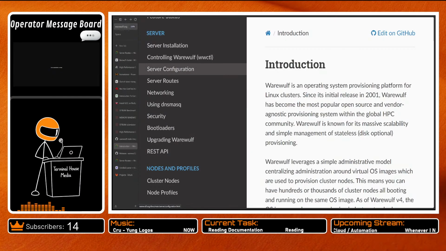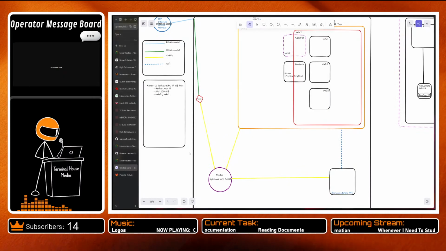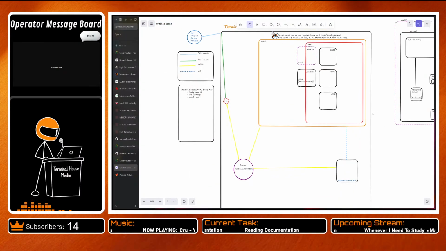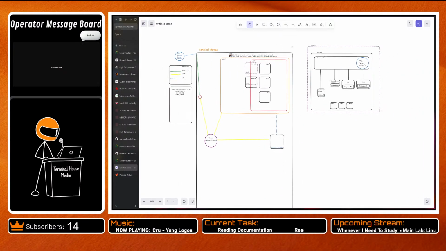Then we read through here, and even went through a lot of the documentation. But what I have begun to do is really map out what's needed to get started within HPC.